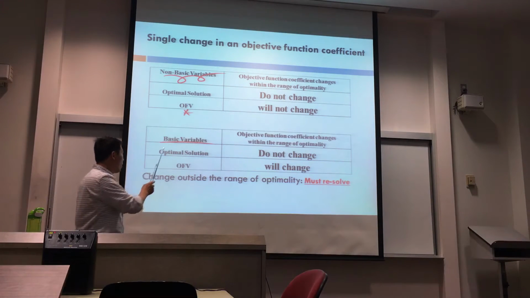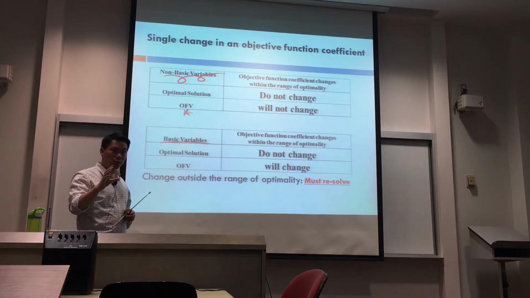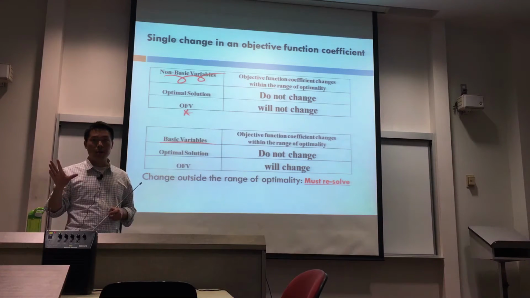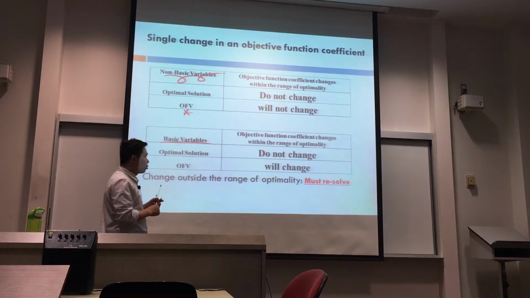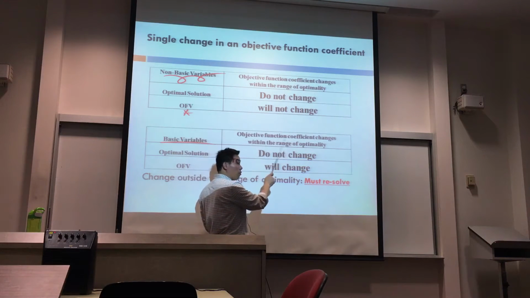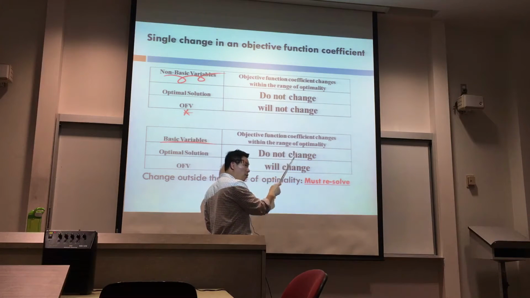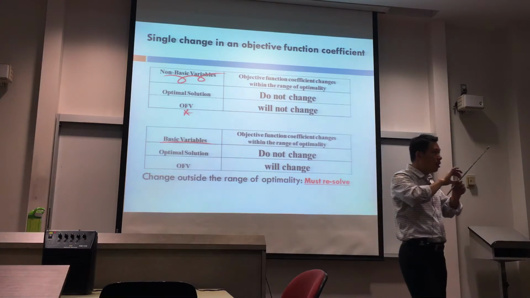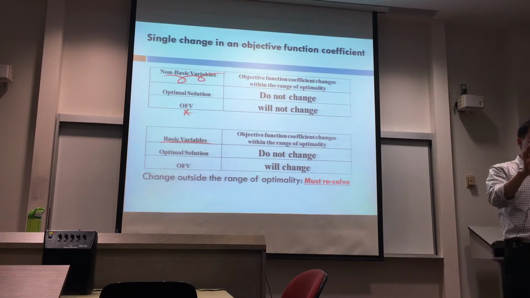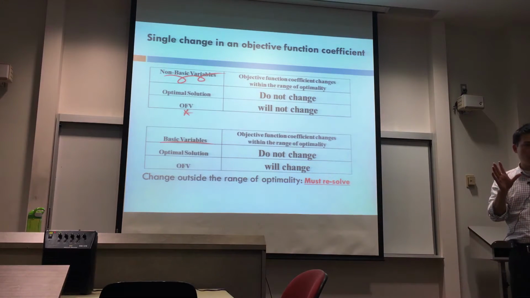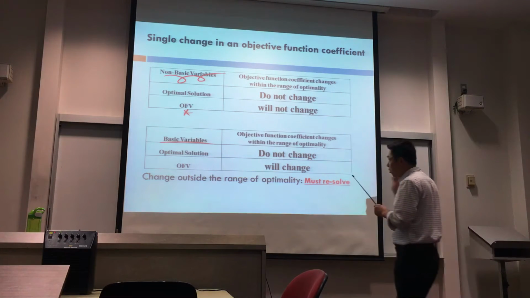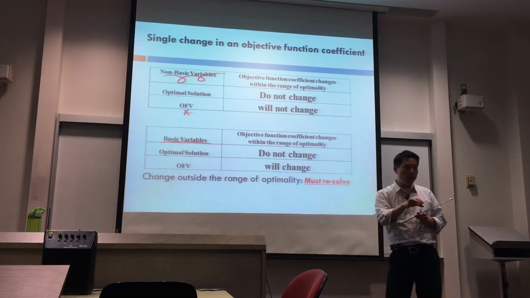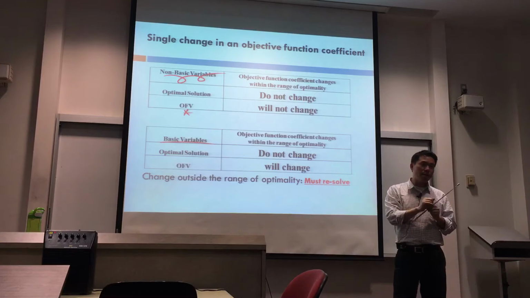Now, if it's a basic variable, that means they have non-zero values, right? Now, if you make the change within the range of optimality, the range of optimality by definition is the range where the optimal solution will not change. But the OFV is going to change because you change the objective function coefficient, and those optimal solutions are non-zero.